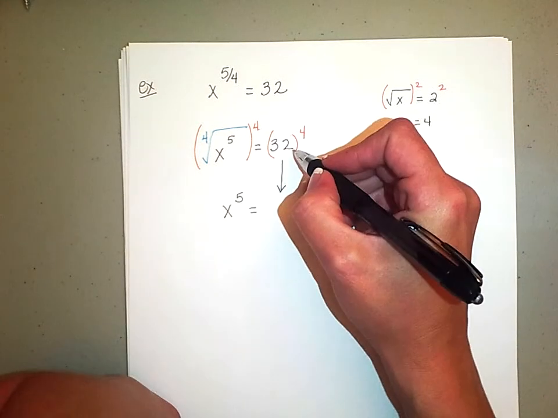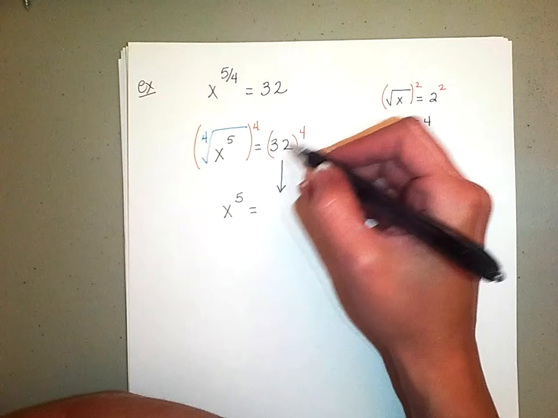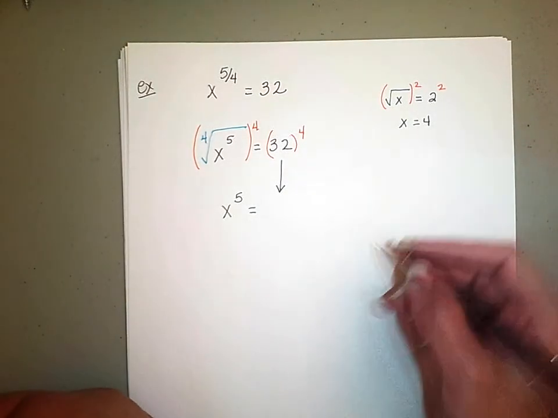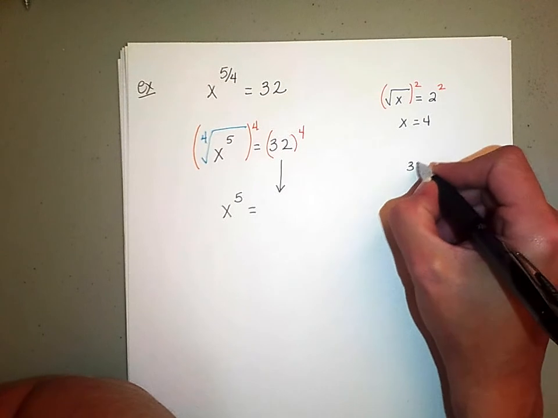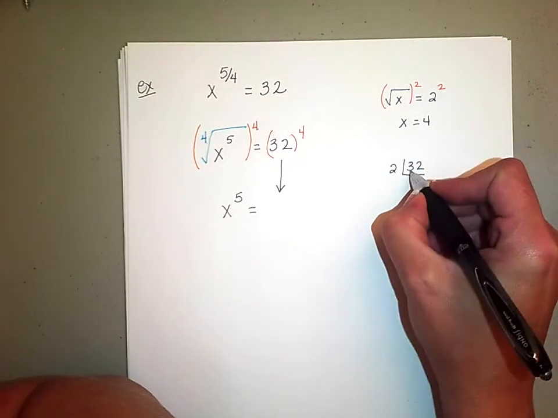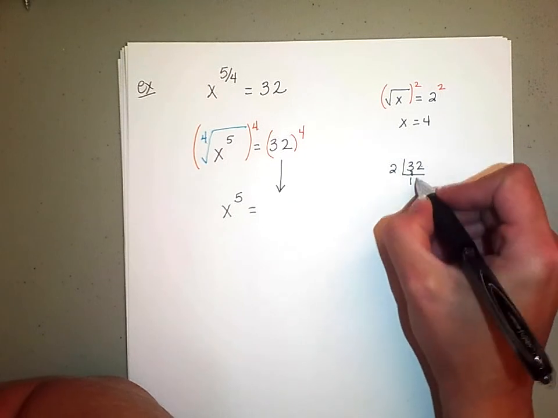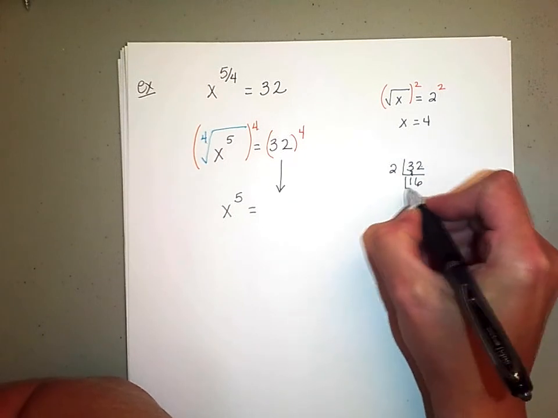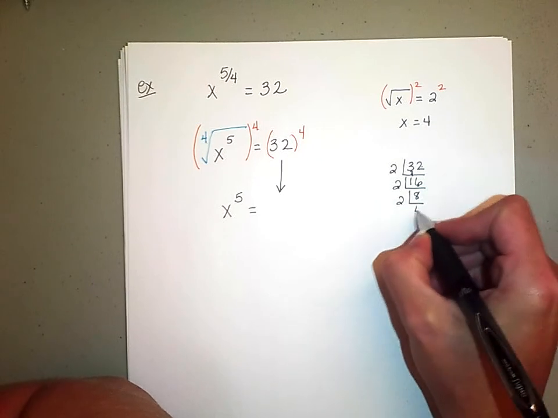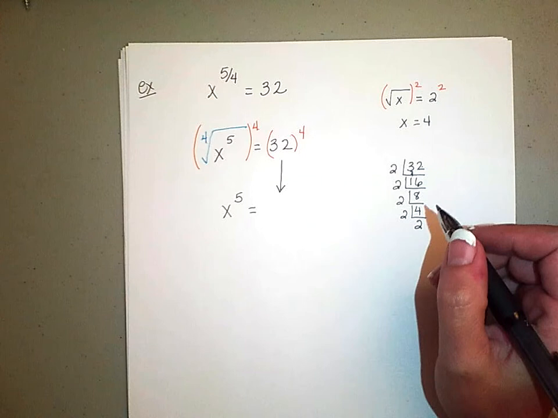Now here, I don't want to raise 32 to the 4th power. I do, that's what it says, but I don't want to multiply it out. So let's simplify this. We know 32, taking the prime factorization, 2 goes into 3 one time with a remainder of 1, then 2 goes into 12 6 times. 2 goes into 16 8, 2 goes into 4 and 2 and 2.